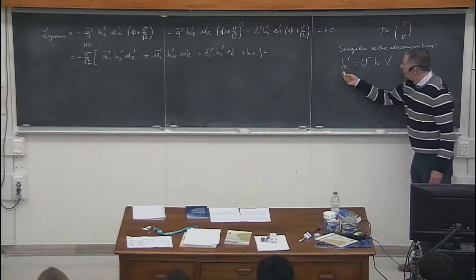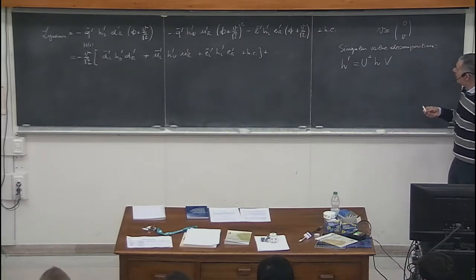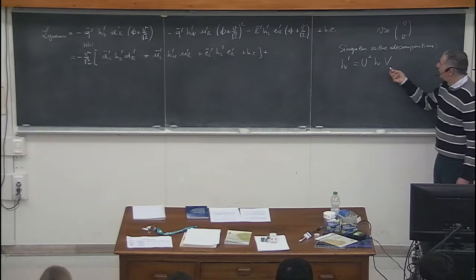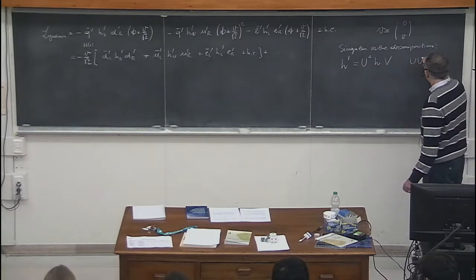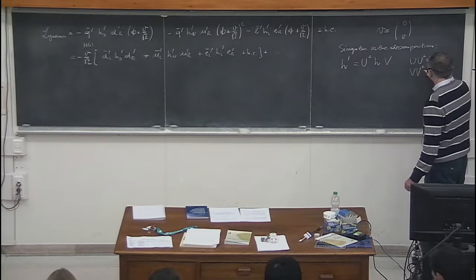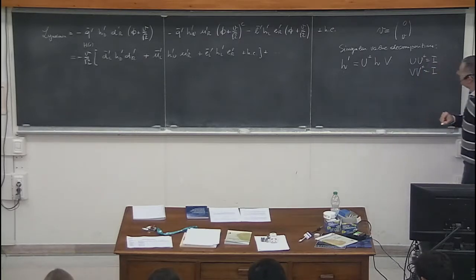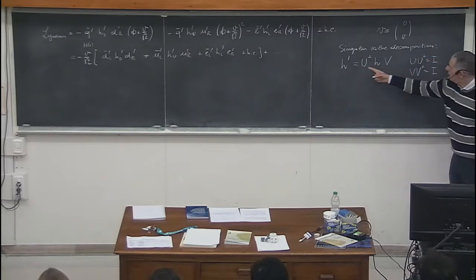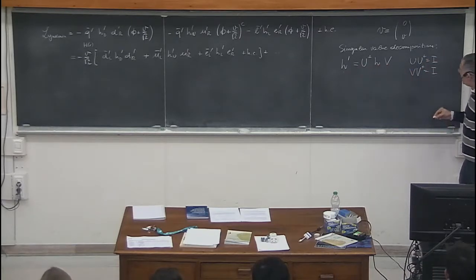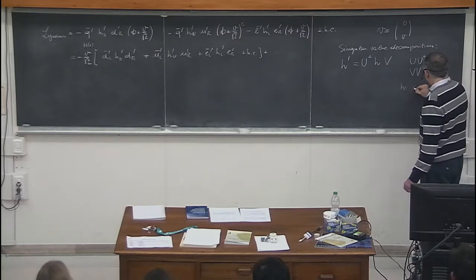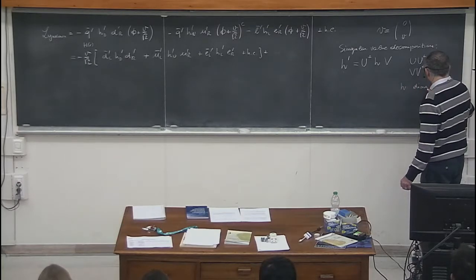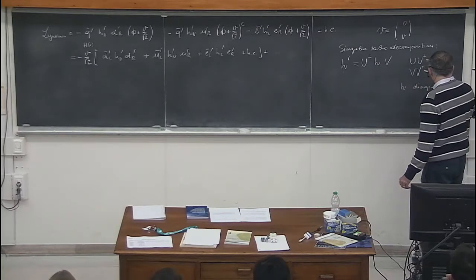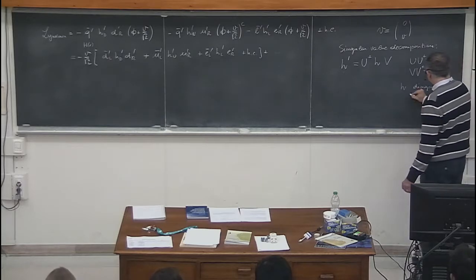For any complex matrix H prime, there exist two unitary matrices such that H prime can be written as the product of U dagger H V, and H is diagonal. Diagonal with positive entries.